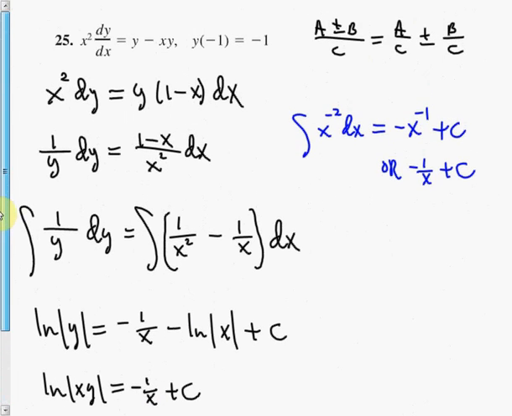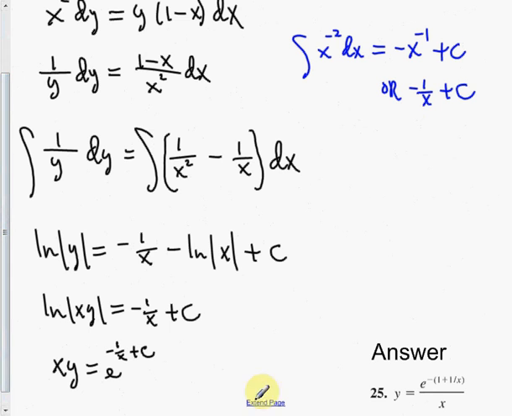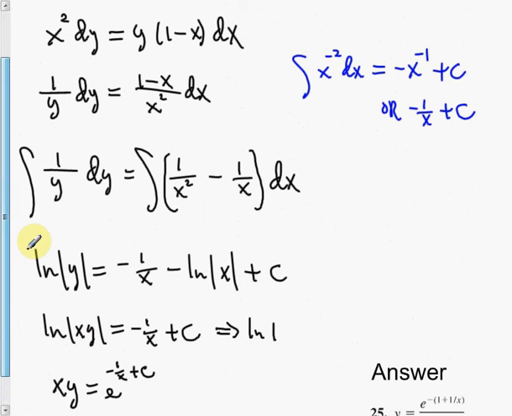They give us some initial conditions, I believe. When x is negative 1, y is also negative 1. It's your choice of where you plug that in, whether here, or there. I'm going to plug it in right here. This implies that I have the natural log of 1, if x is negative 1, when y is negative 1.